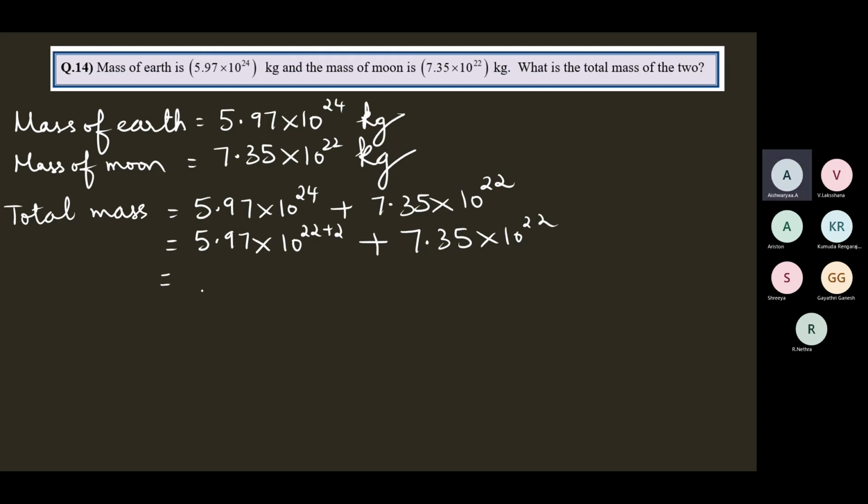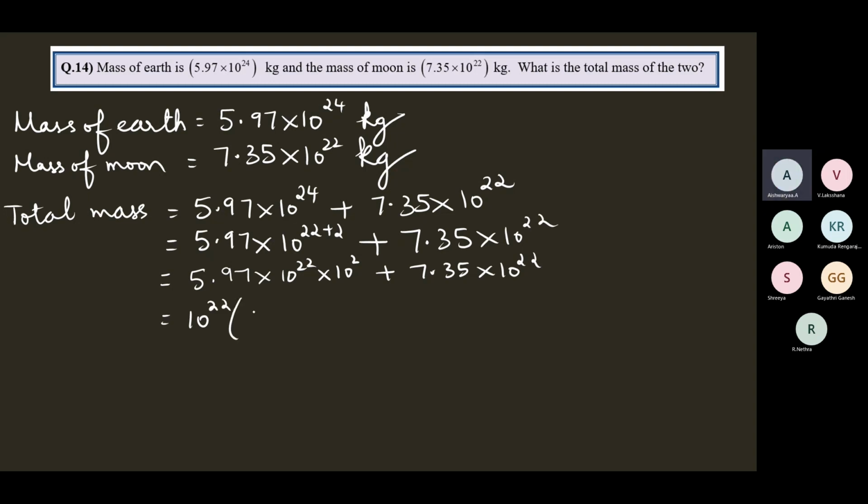So you have to write 5.97 into 10 to the power 2, plus 7.35 into 10 to the power 22. Then you have to take the common factor, which is 10 to the power 22.